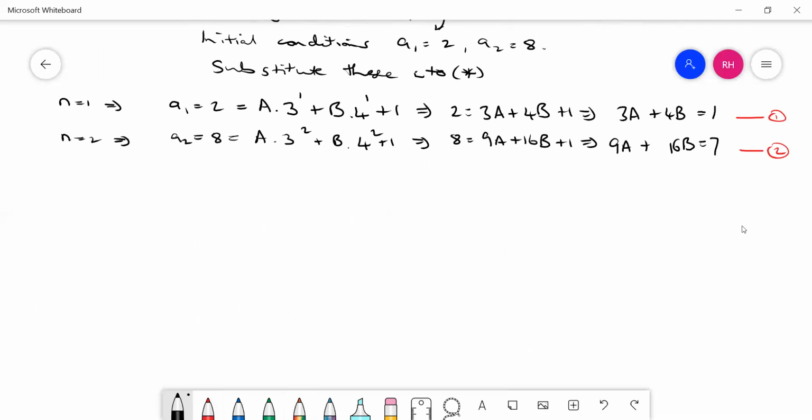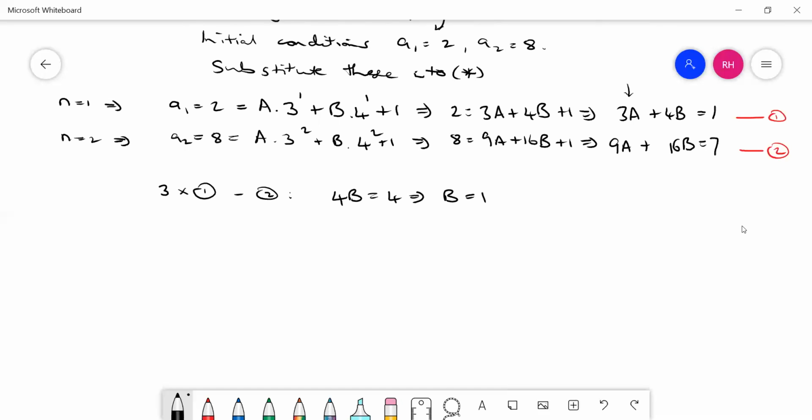And you can work it out any way you want. I suppose what you could do is go 3 times equation 1. That'll give us a 9 here, minus equation 2. But I'll leave you to work it all out. I got here 4B equals 4, and therefore B equals 1.